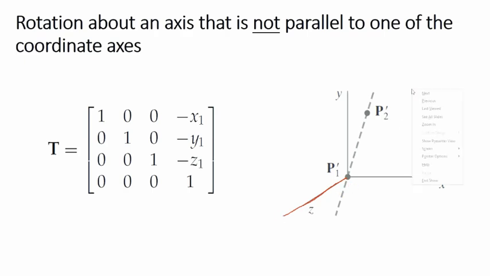In order to do that, first we rotate this axis in such a way that it comes and falls on the xz plane, something like this. Let us say the angle that this axis makes with the xz plane is alpha.